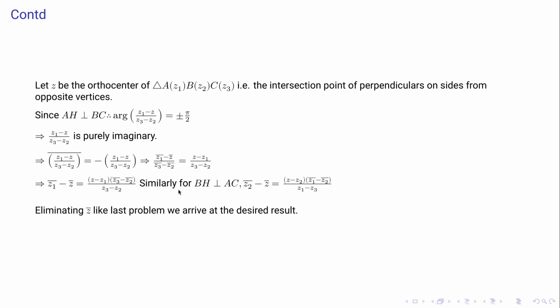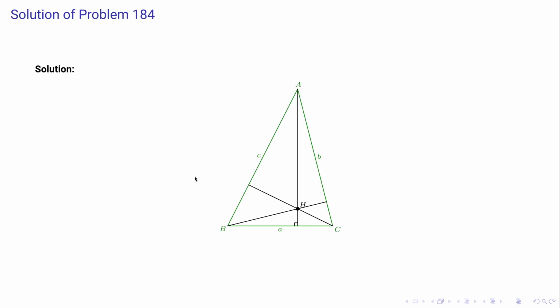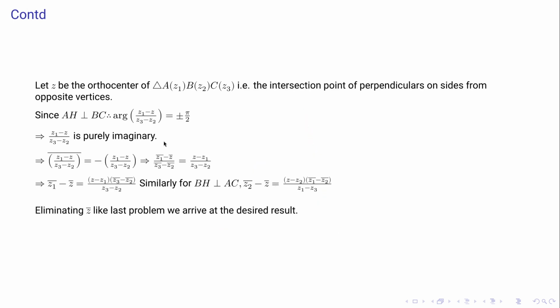And then we consider another perpendicular, that is BH, on this line. Accordingly you solve, and in that case it would be (Z2 minus Z) by (Z3 minus Z1), which will be plus or minus pi by 2, and then you solve and arrive at this. Now you have two equations, and then you can eliminate Z bar from both, and you arrive at the desired result for the orthocenter.